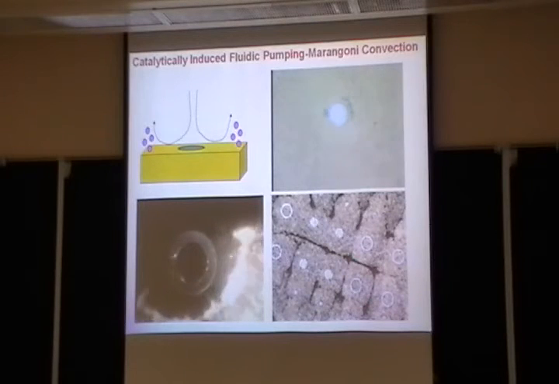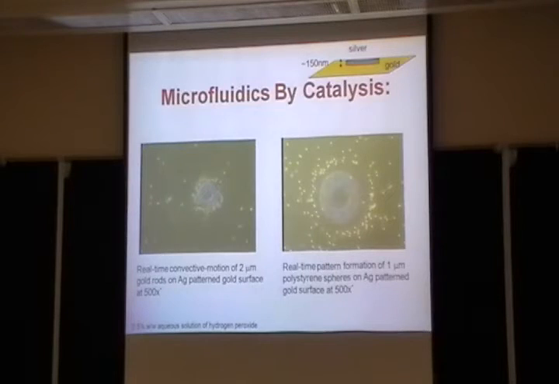So everything looked fine until we started screwing around with the tracers. It depends on what tracers you have. If you had little gold rods as tracers, they come in very close and start to do convective rolls like this.